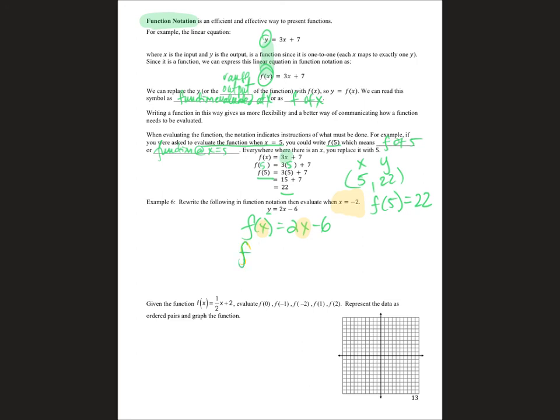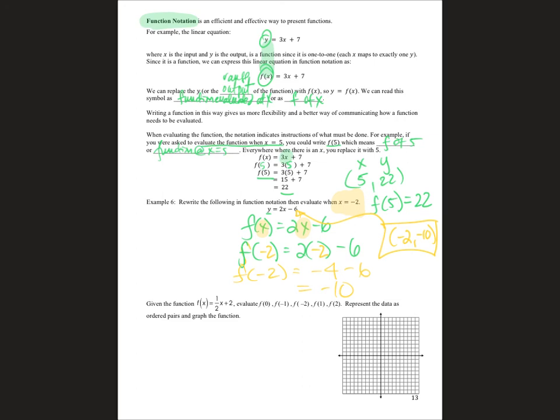I'm just substituting in, saying the function evaluated at negative 2. So I'm substituting in negative 2 for x. So the function evaluated at negative 2 is going to be negative 10. So the point negative 2, negative 10 is a solution to that equation.